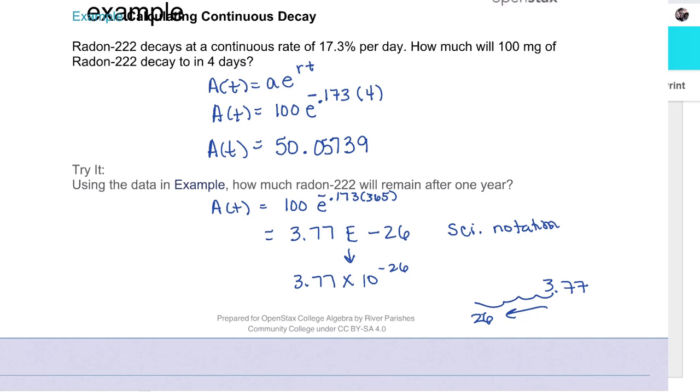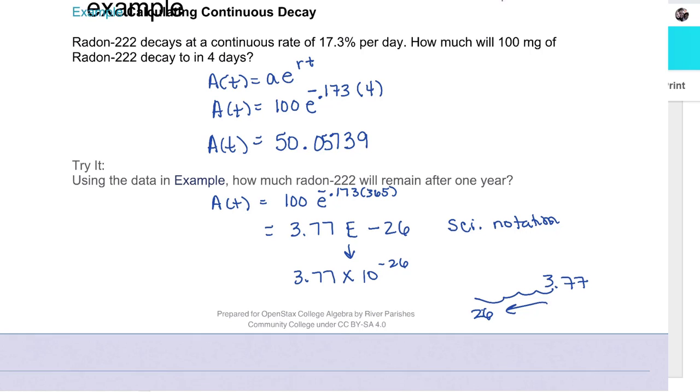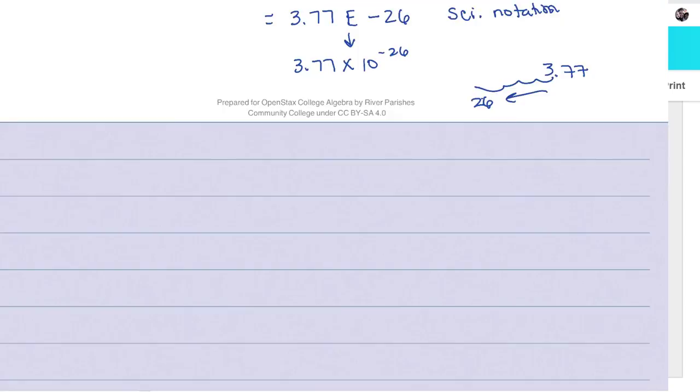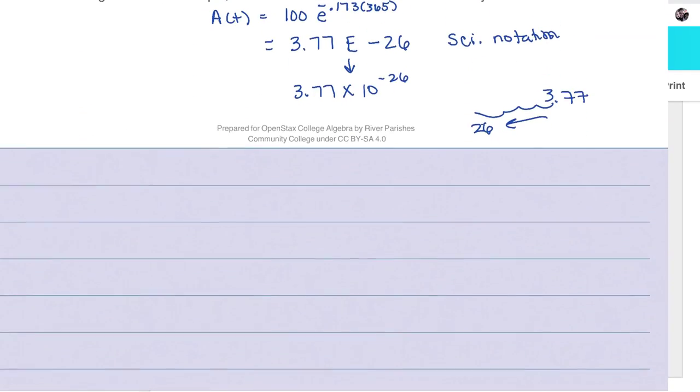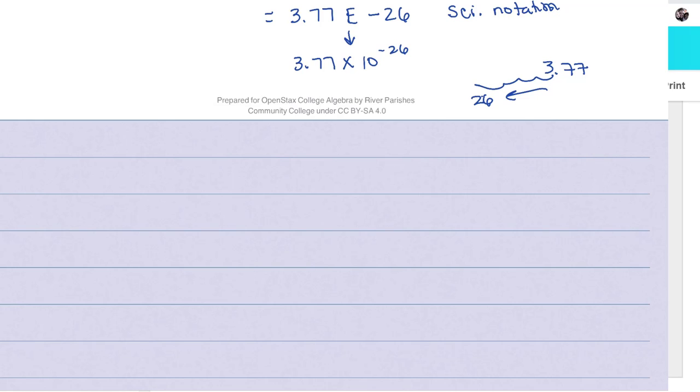So that's a number really close to 0. There's always some remaining, so you can't ever get to 0, but it gets really super close to 0. So this is a very small number. Alright, and so that is all for this section. If you have questions, please let me know.